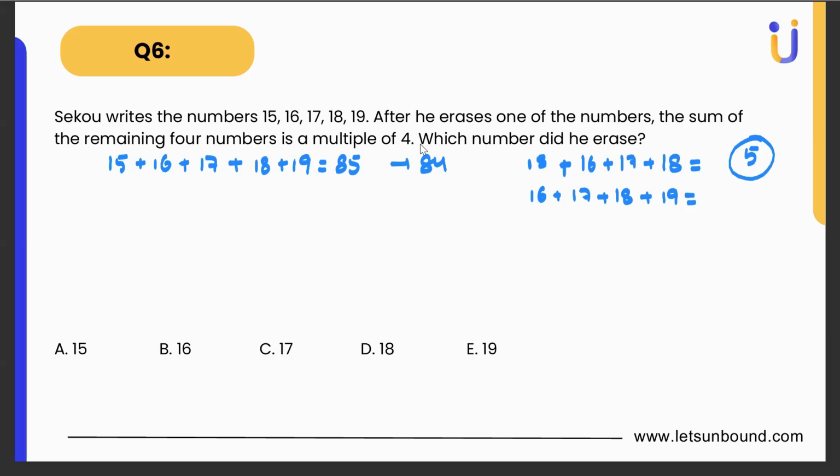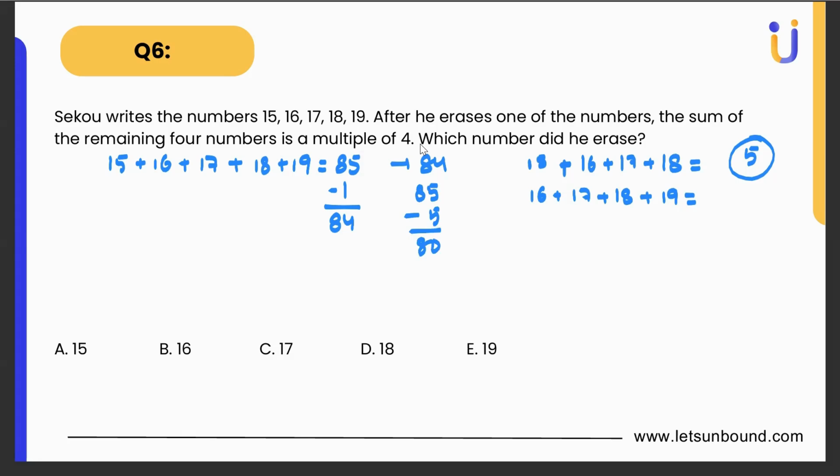Because if I remove 1 from it, that will make it a multiple of 4. But 1 is not one of my numbers. So the next number that I remove will be 5, because from 85, if I remove 5, that will also help me make it a multiple of 4.